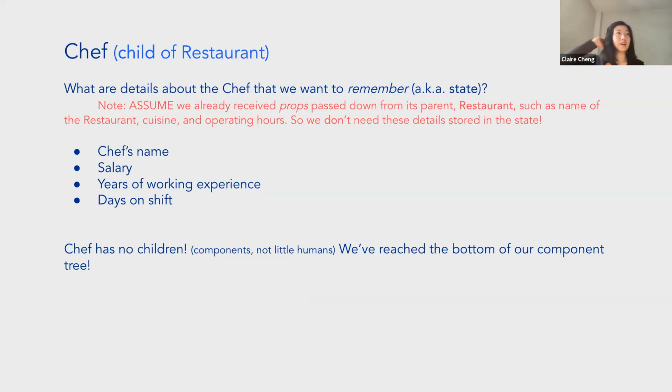Maybe things that the chef wants to know additionally are the chef's name, the chef's salary, maybe years of working experience, and the days that they're on shift. And chef has no children. That's at the bottom of the component tree. So we don't have to think about what props it's passing because there's nothing below it.